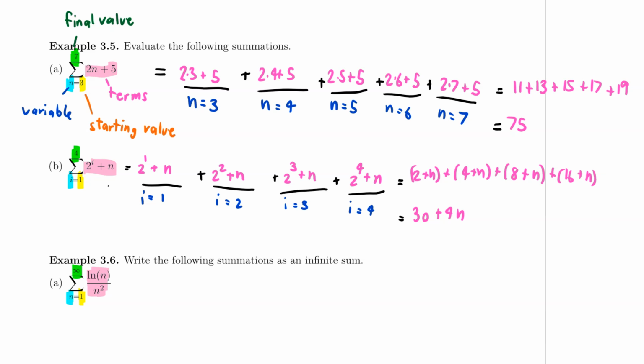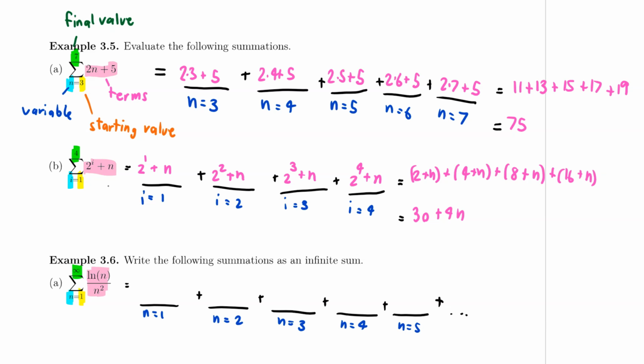So if I were to write this out, this is going to be a sum of infinitely many numbers, but let me just write a few first terms. My variable is n, and it's going to start at n equal to 1, to 2, and then 3, and then 4, and then 5, and so on.